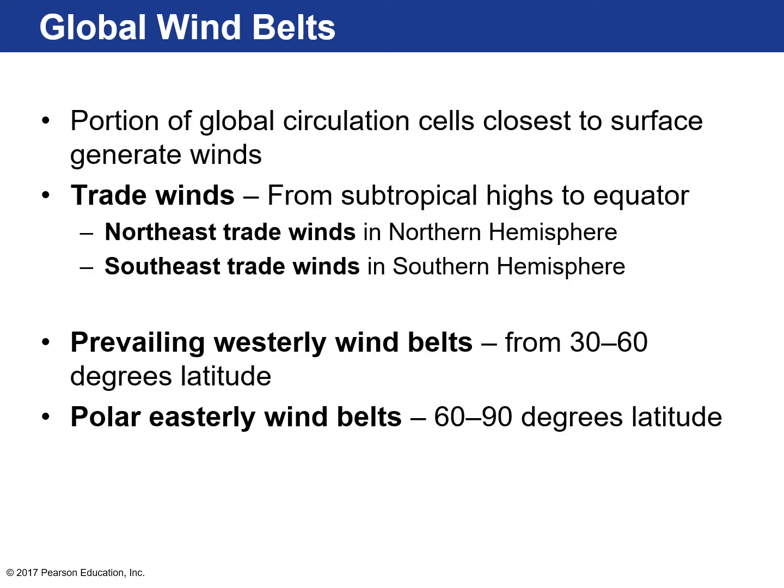And that's what generates our global wind belts. And in turn, those wind belts push ocean currents. So the trade winds, as I mentioned, blow from the subtropical highs to the equator. There's the northeast trade winds in the northern hemisphere and the southeast trade winds in the southern hemisphere, and these prevailing winds blow from the east towards the west.